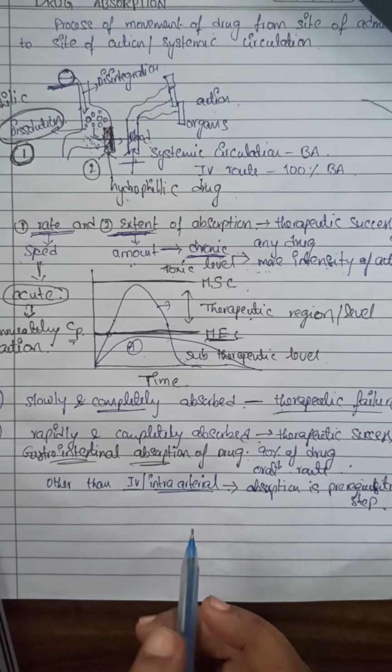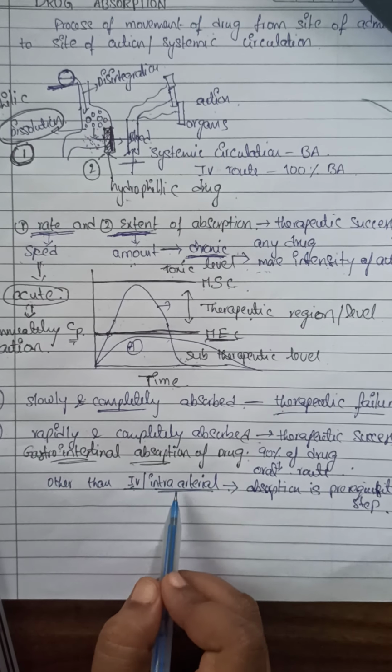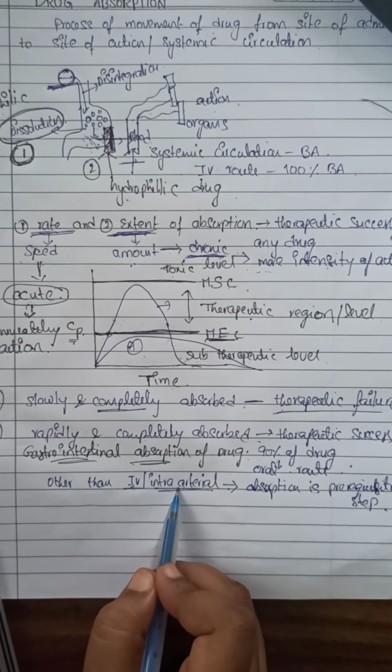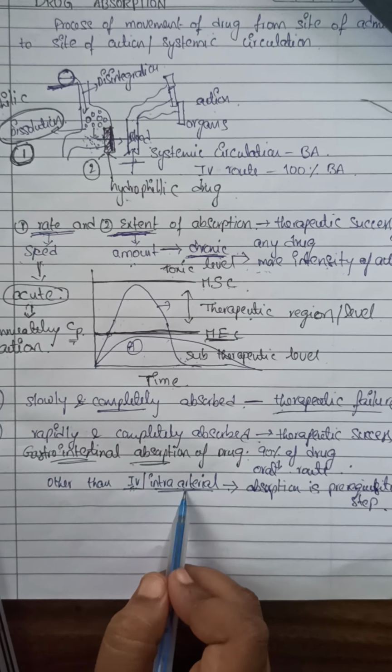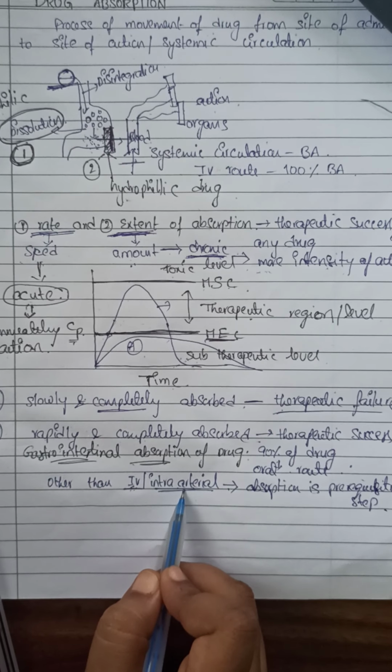In the intravenous and intra-arterial routes, we directly administer the drug into veins or arteries. In such cases there is no membrane, hence the drug directly enters the systemic circulation.